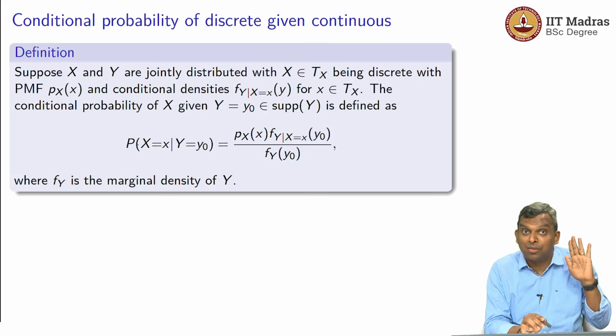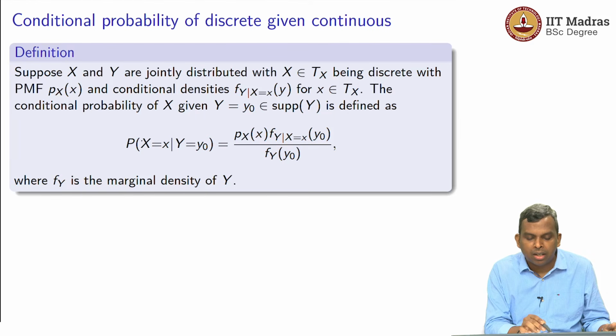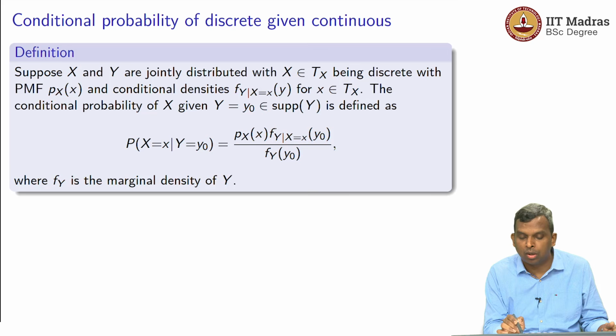So here's the formula. Let's first understand it. The probability that capital X equals small x given y equals y naught is equal to the PMF of x times the conditional density f_Y given X equals x of y naught, divided by the marginal density f_Y evaluated at y naught.